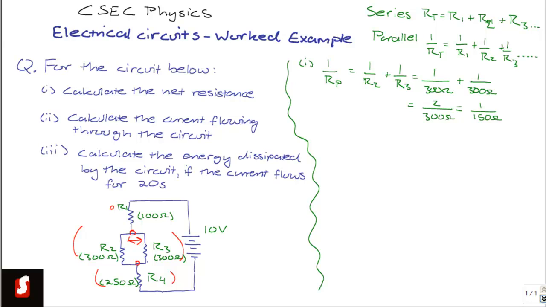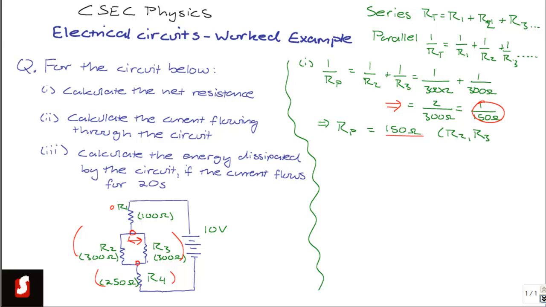This means that Rp, the parallel resistance itself, is equal to 150 ohms. So that's the parallel resistance due to R2 and R3.